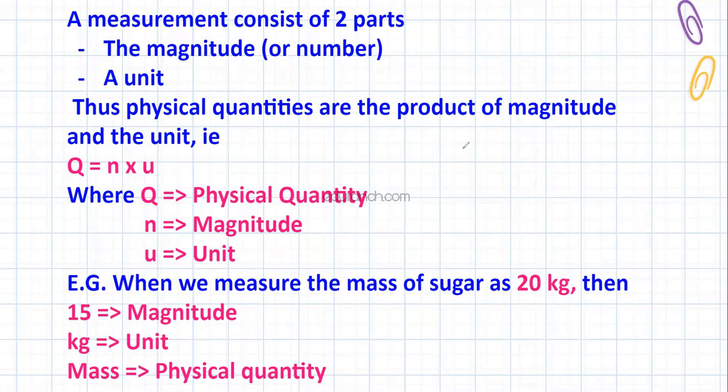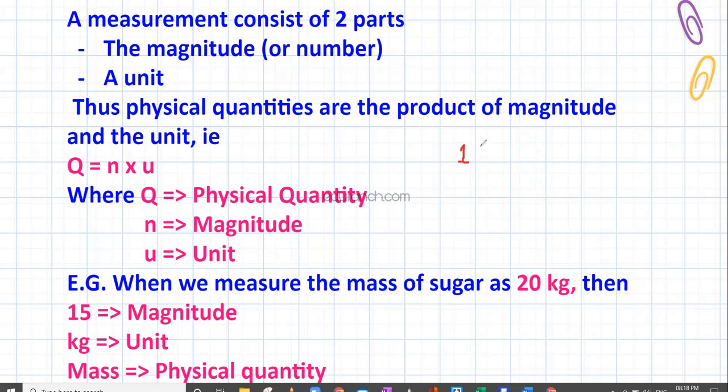Magnitude is nothing but the number, right? And the second part is the unit. Unit is nothing but either kilogram or meter or second or centimeter. It can be anything.